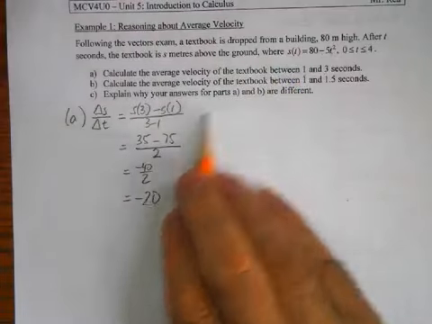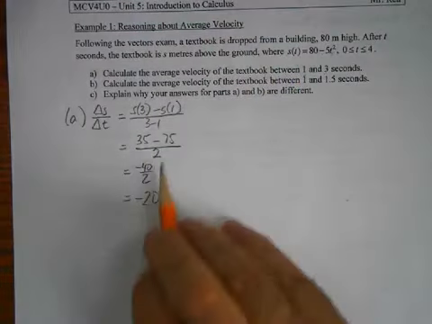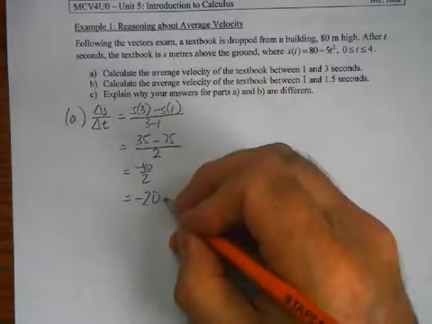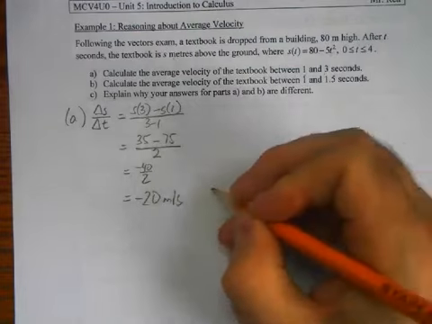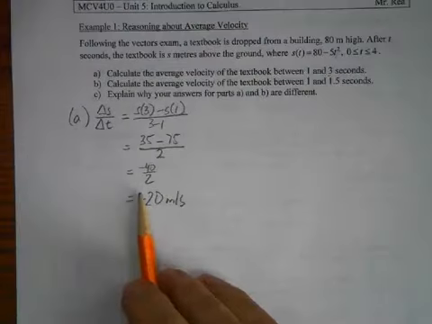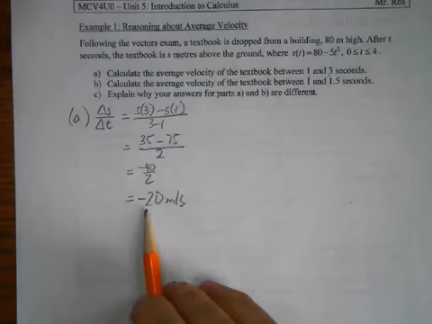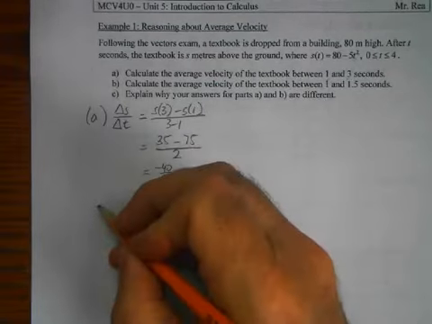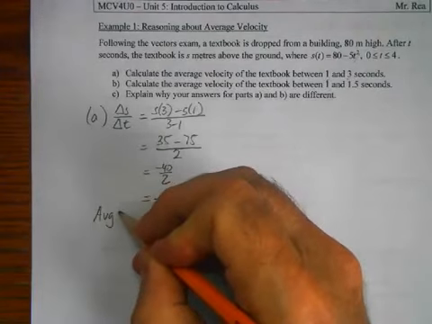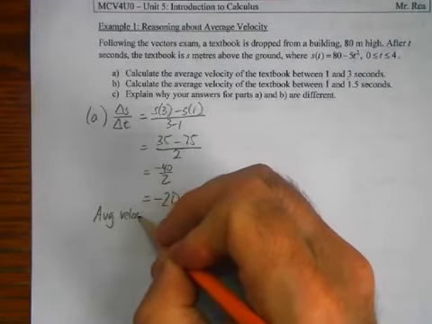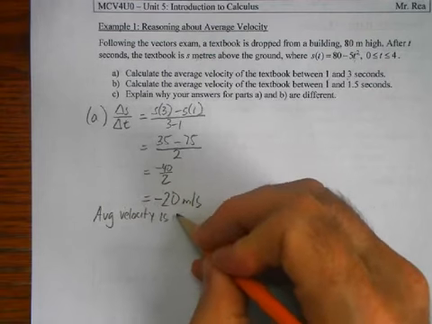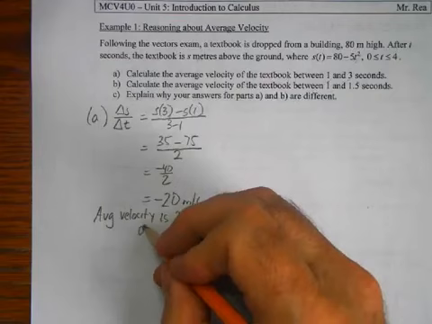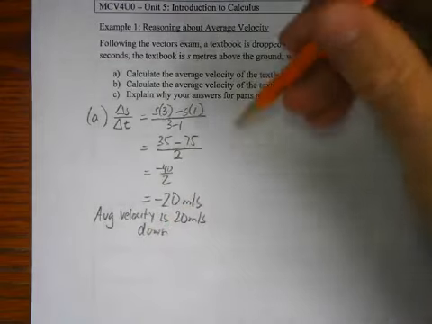We're dealing with velocity, so it's meters per second. Now, the minus sign here is actually telling you the direction, but we need to be more clear, so it's always good to write a little statement here. Average velocity is 20 meters per second and down, because that's what the minus sign means.